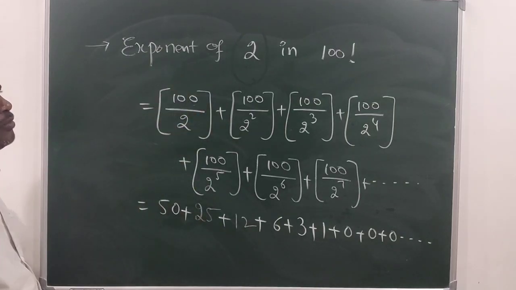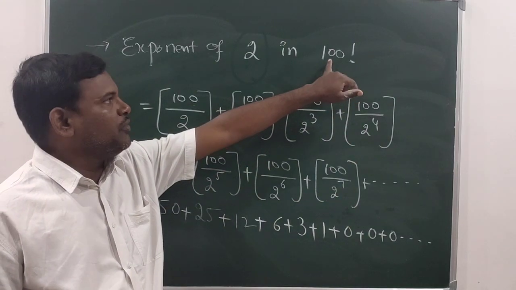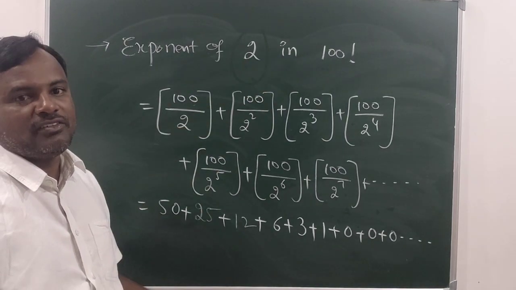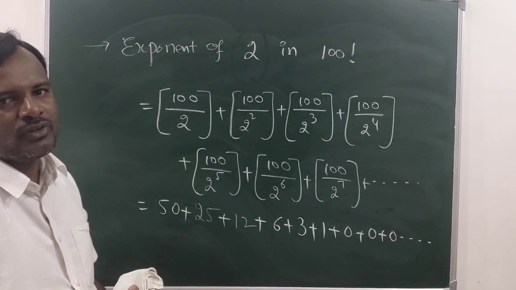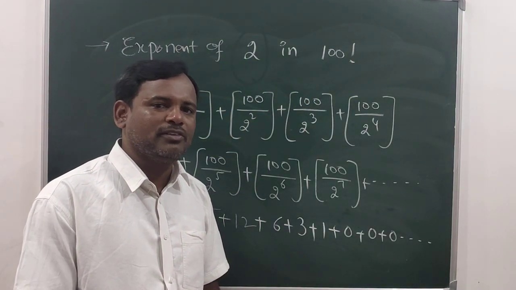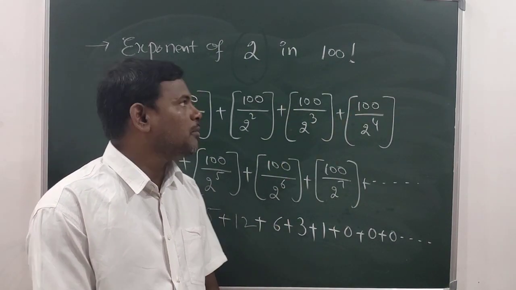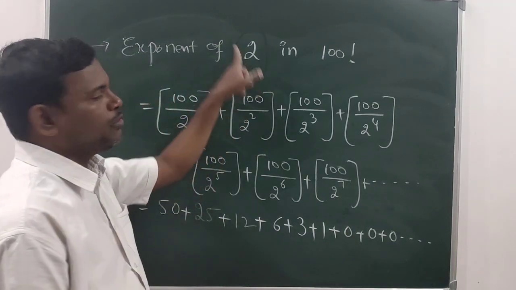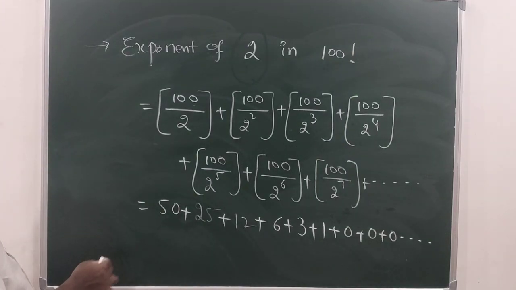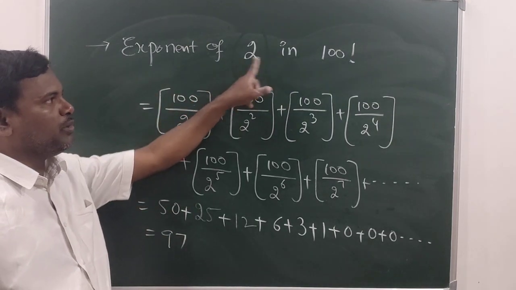So the exponent of 2 in 100 factorial means, if you express 100 factorial in prime factorization, you will get 97 in the power of 2. 100 factorial means you have to multiply from 1 to 100, and if you express all of them in prime factorization, how much do we get in the power of 2? 97. So this is our required answer: exponent of 2 in 100 factorial.